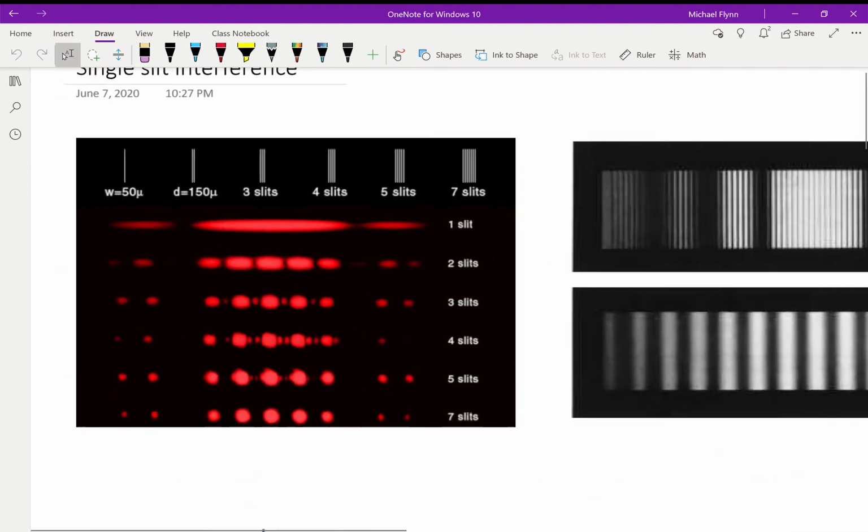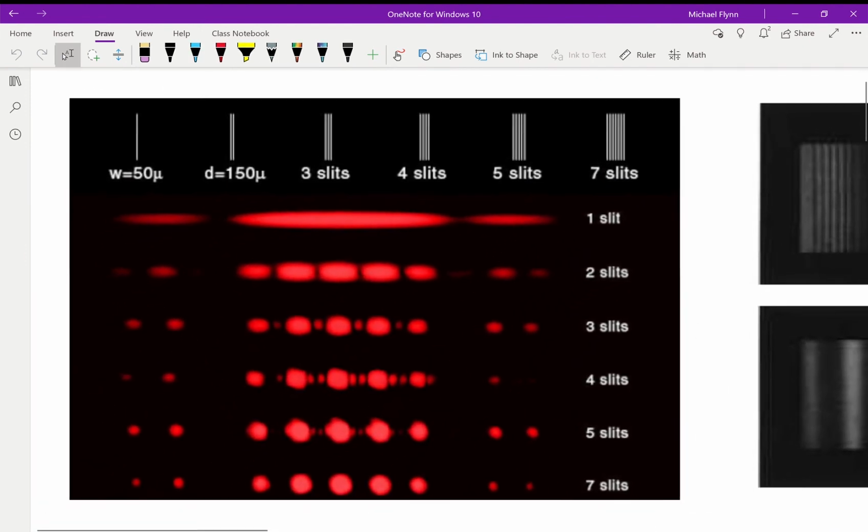But before I do that, I just want to prove it to you. Here's some photographs. This is a photograph of single slit interference. Here you see at the top, that's one slit. Now that is a node, and you see another one here, node.